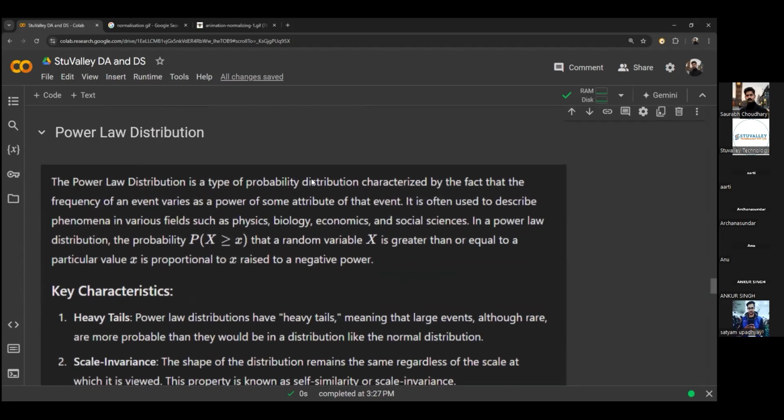Okay, next is power law distribution. Okay, power law distribution is a type of probability distribution characterized by the fact that the frequency of an event varies as the power of some attribute of that event.